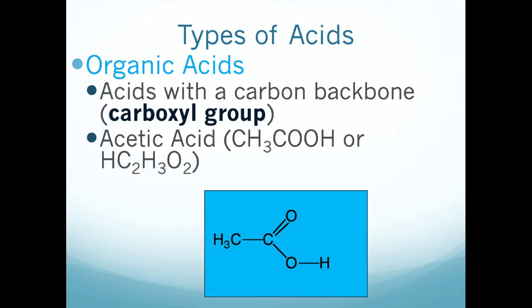Now, there's a third type of acid, and that's organic acids, also known as carboxylic acids. These are known as carboxylic acids because they have a carboxyl group. That's a carbon double bonded to an oxygen, and with an OH group, and that hydrogen that's attached to that oxygen is particularly acidic.